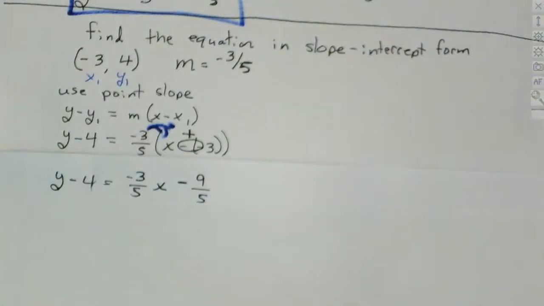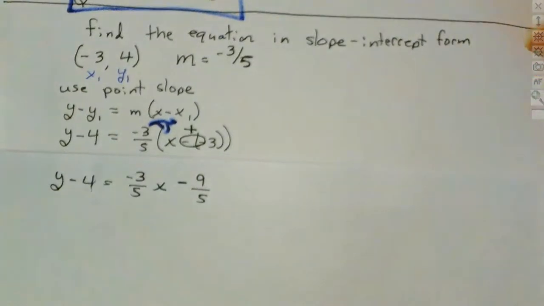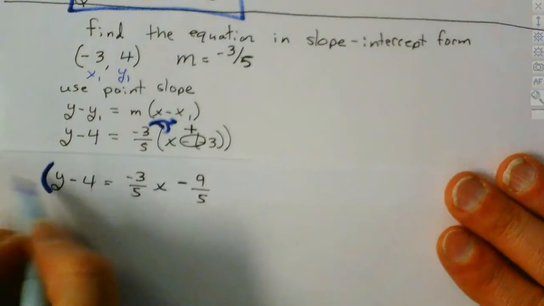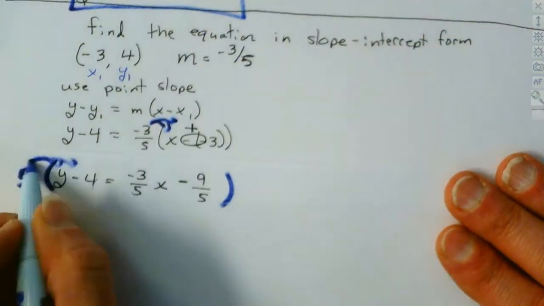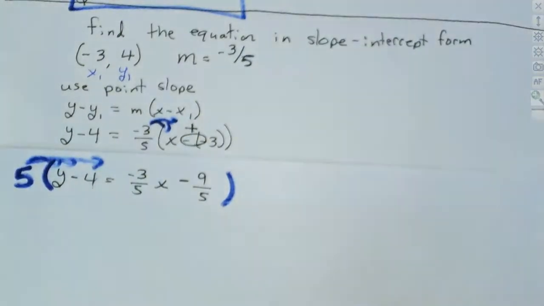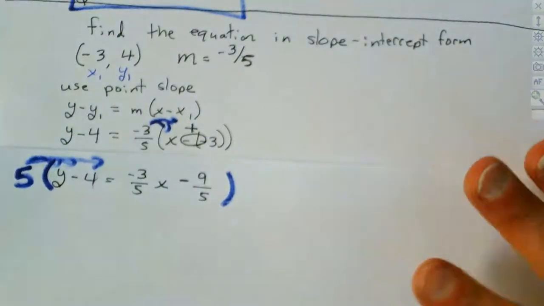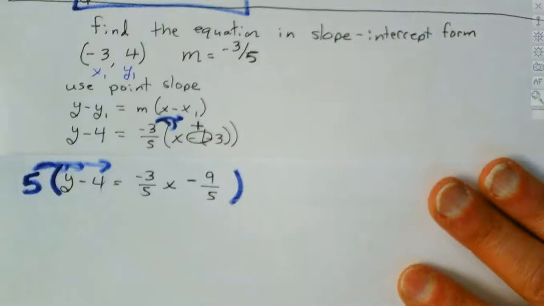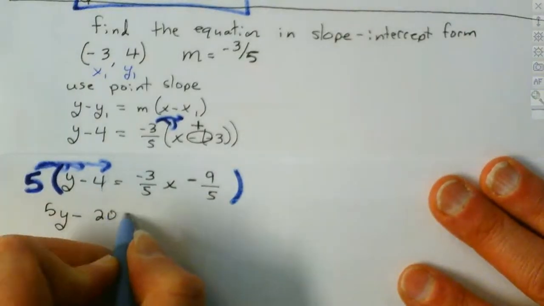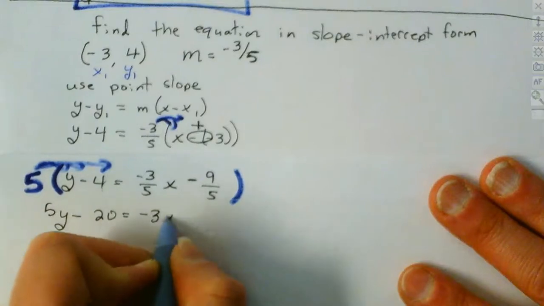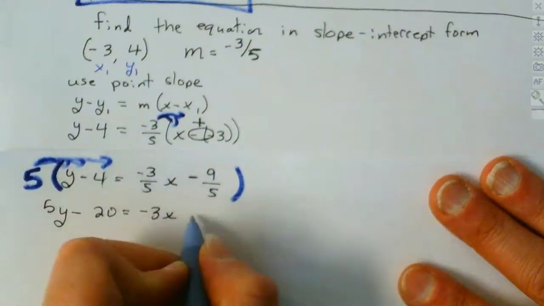So let's clear the fractions out so that I can then add that 4 over. My denominators are 5, so I'm going to multiply everything now by a 5. And that's going to clear all of it out. And that leaves me now with 5y minus 20 equals a minus 3x minus 9.